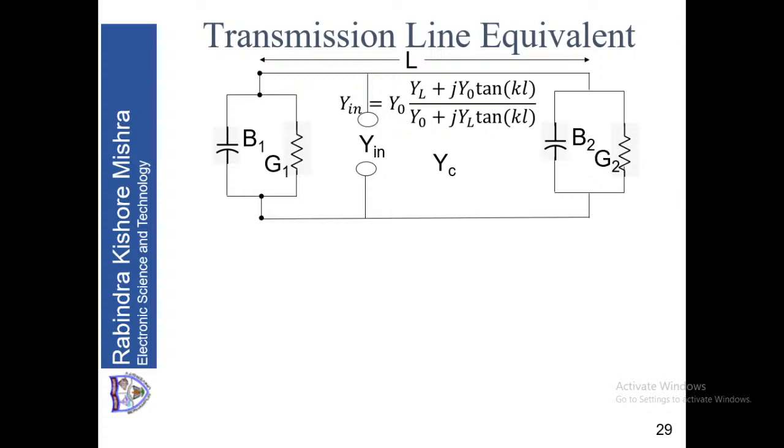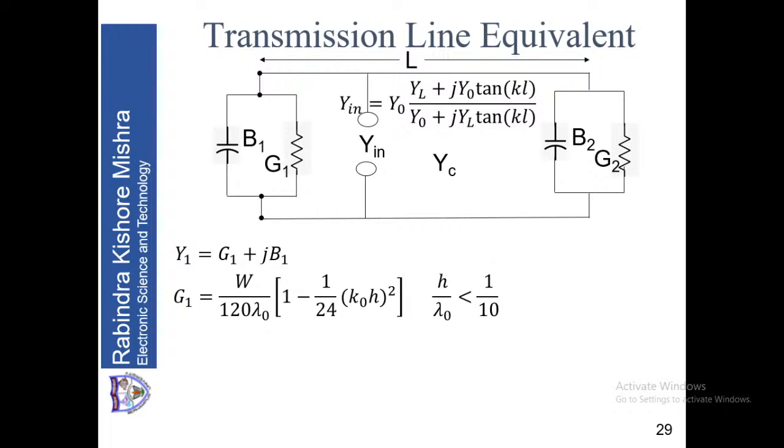Now we are left with finding out what G and B are. That is the problem. As I told you, the admittance of aperture 1 will be Y1, which is G1 plus jB1. Now what will be G1?